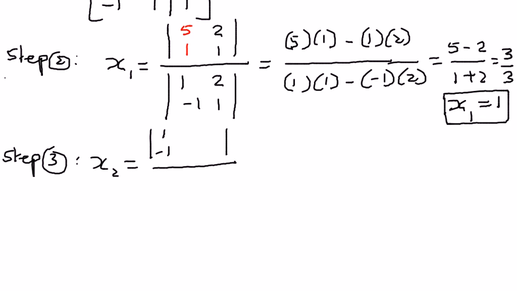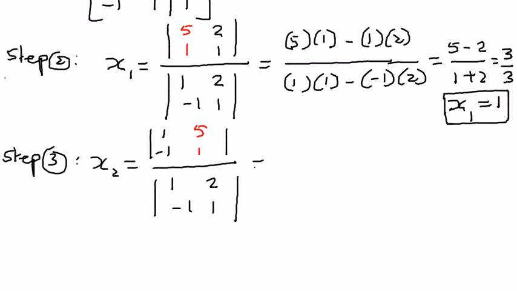In the second column, we replace the elements 2, 1 by the constant terms, which are 5 and 1. I'm writing that in a different color so you see the distinction. The denominator determinant will be the same, the determinant of the original coefficient matrix, which is 1, 2, negative 1, and 1.